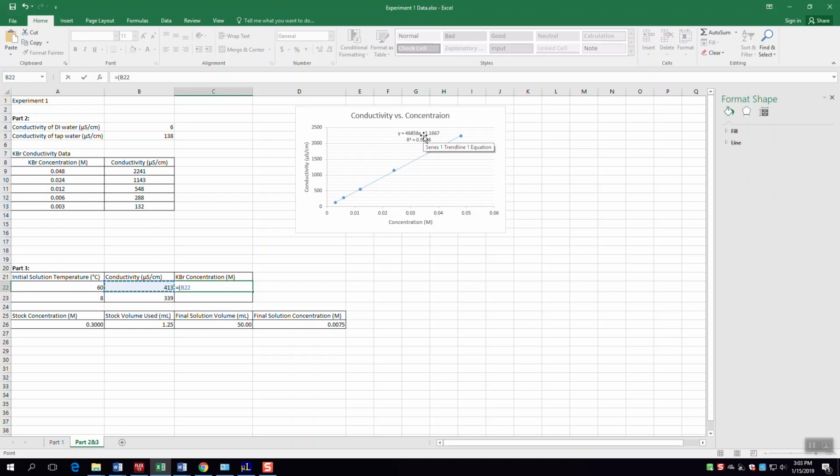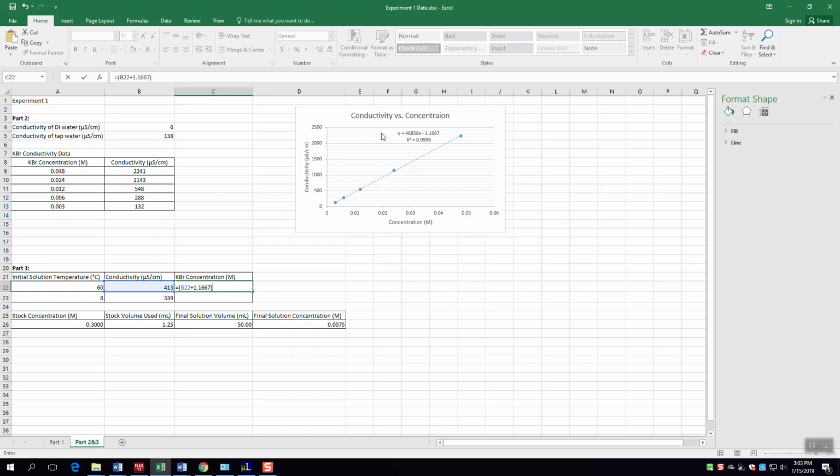Remember that conductivity is a y value. So this conductivity is a y value. We want to solve for x. Remember to tell Excel to do math. We put in equals. We take our y value. We're going to have to put in parentheses because we have addition here, which is 413 in this case. And we want to add b because it's negative.